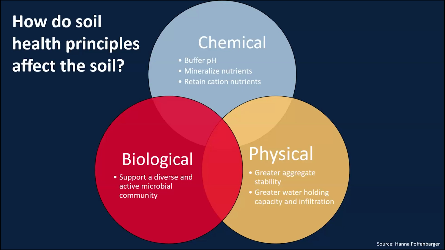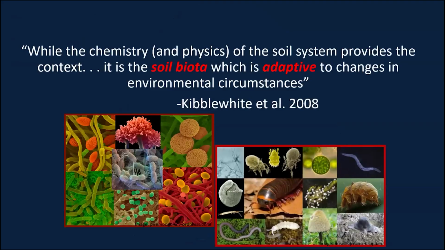The last part, the biological one, goes into this next quote that I like from one of my mentors, which says: while the chemistry and physics of the soil system provides the context, it is the soil biota which is adaptive to changes in environment and circumstances. So a lot of times the chemistry and physics is the house that we put these microbes in, but they're the ones that adapt to the changing environment.